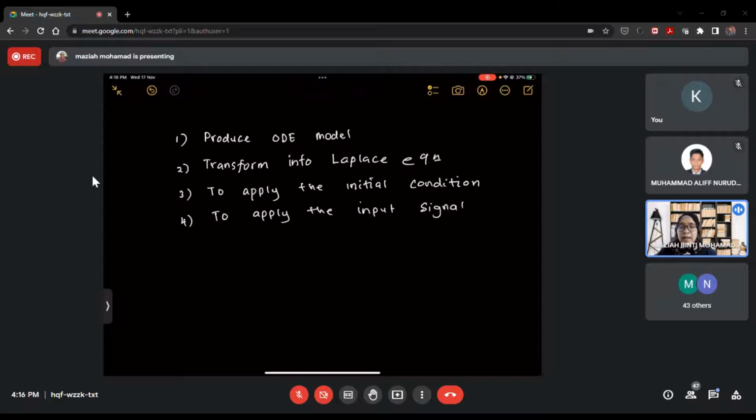If it is a ramp, we're going to use the ramp signal in Laplace form. Once we apply the input signal, the fifth step is to do partial fraction decomposition.